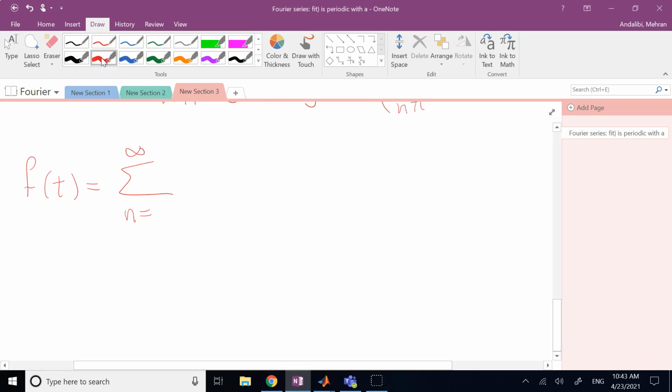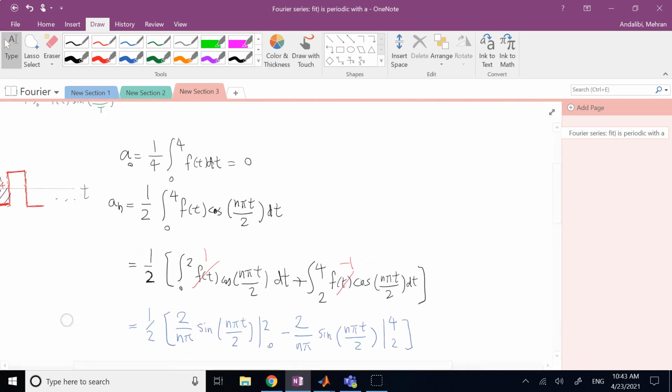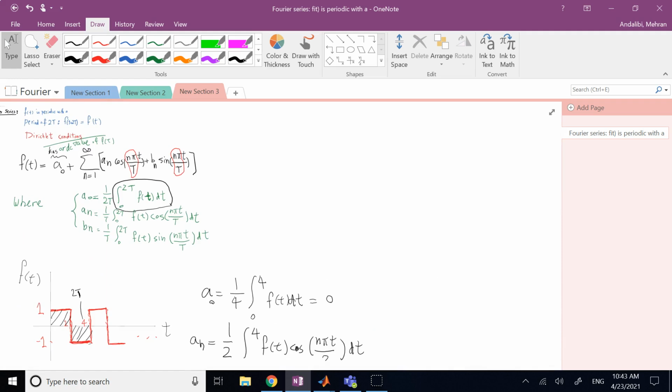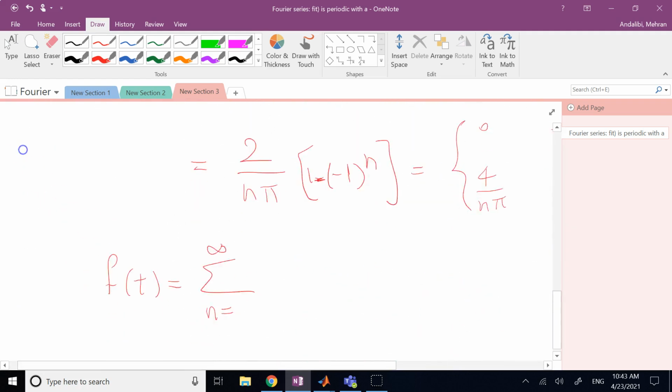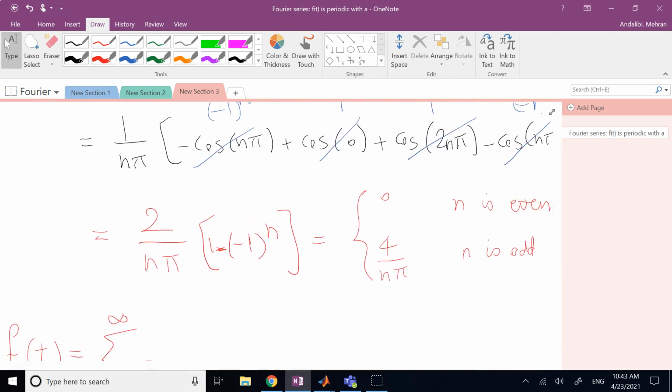So your function f of t will be the summation, n from what? As you can see, from 1 to infinity of only bn sine of n pi t over T. But if you look here, we said that for odd numbers you have 4 over n pi, and for even numbers we have 0.